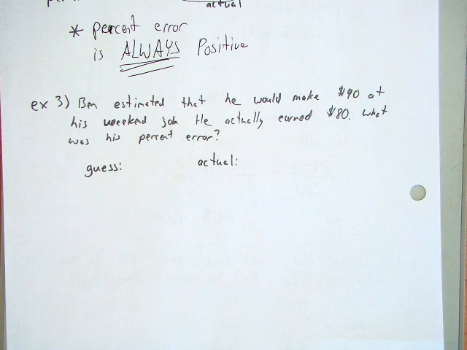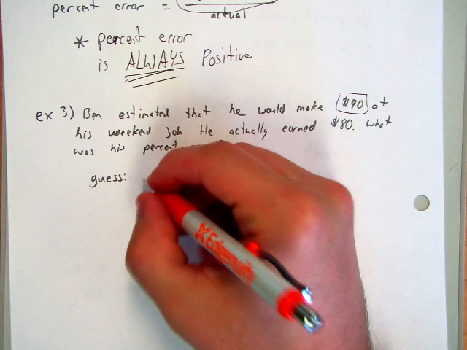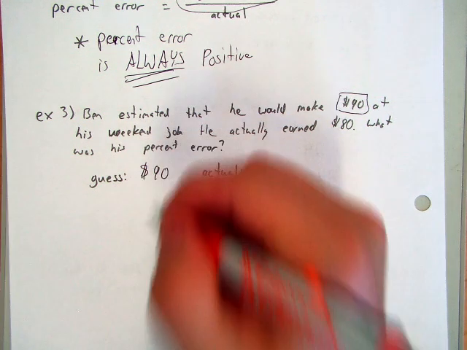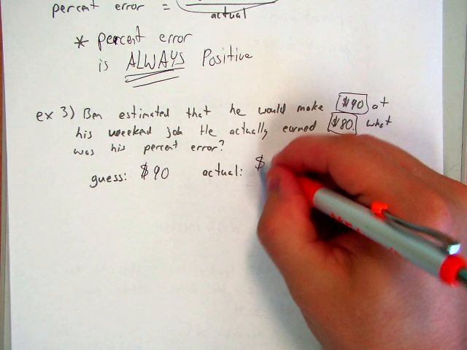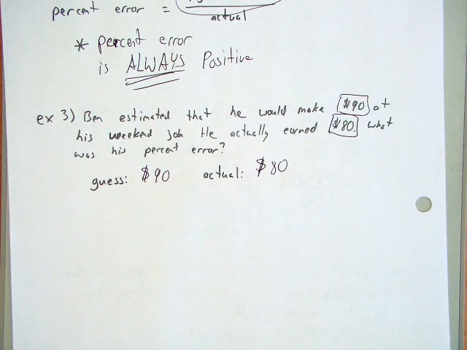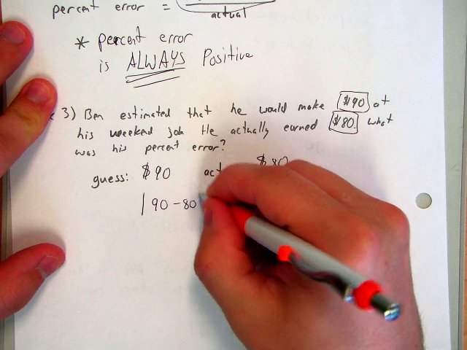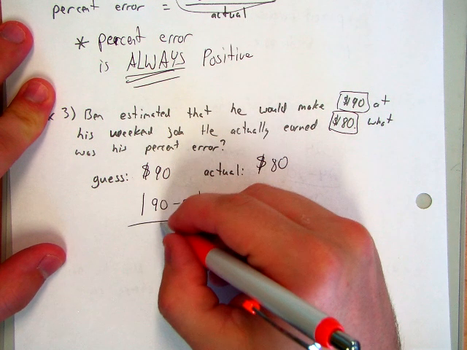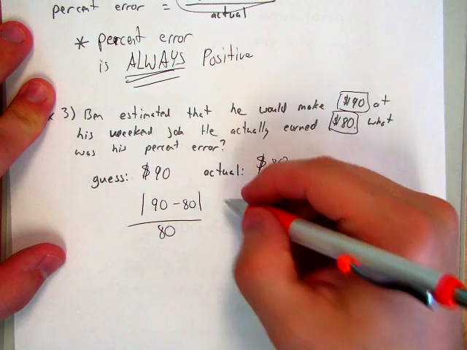So example 3. It says Ben estimated that he would make $90 at his weekend job, and he actually earned $80. What was his percent error? So his guess is what he estimated. That was $90. He actually earned $80. So I'm going to look at the absolute value of 90 minus 80, all over 80 because it's guess minus actual divided by actual.